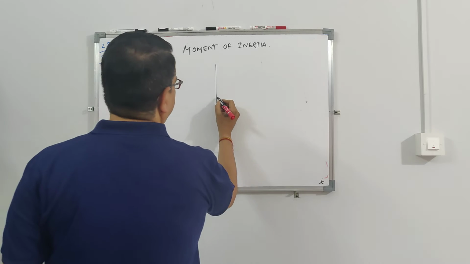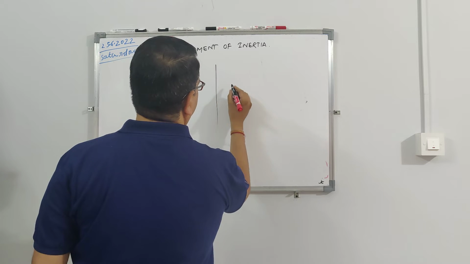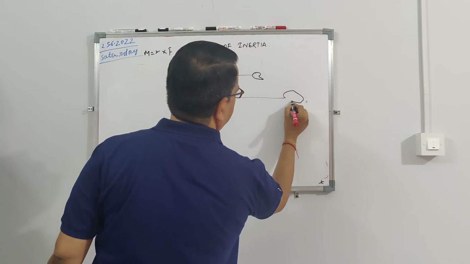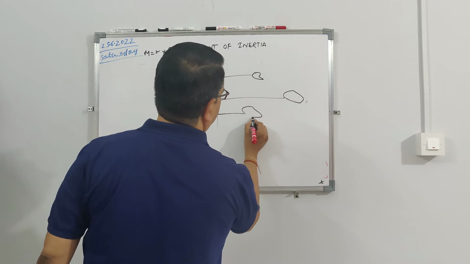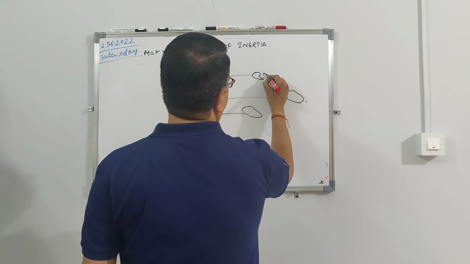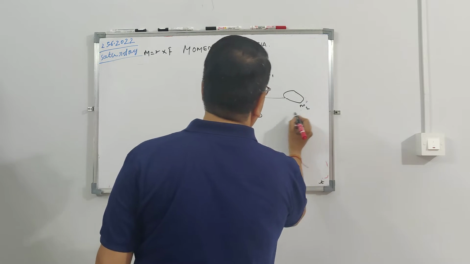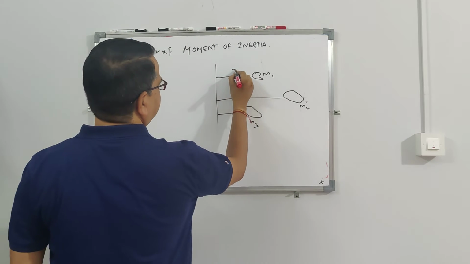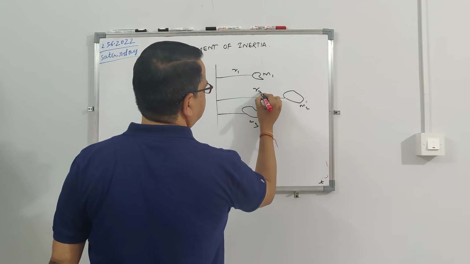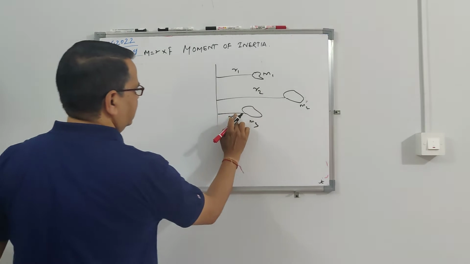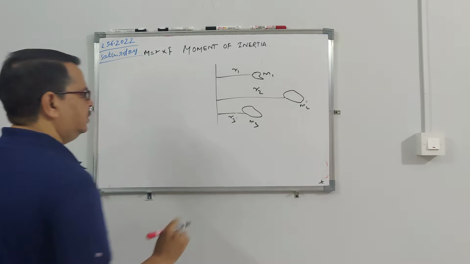The formula for moment of inertia is like this. Let us say this is my origin. I have some masses: my mass here is m1, here is m2, here is m3. Let us say my distances are r1, r2, r3.